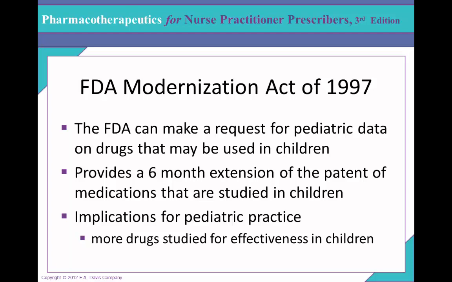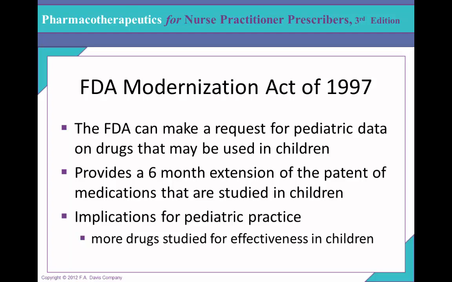Then the FDA Modernization Act passed in 1997, and this came up with classification of drugs as prescription and non-prescription. Basically, the FDA mandated which type of drug would be dispensed with or without prescription.